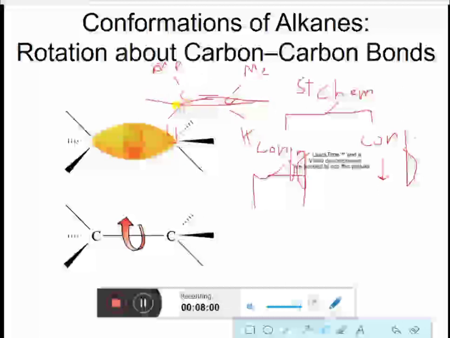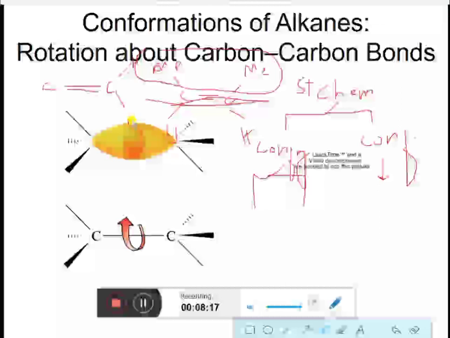If we look at the three-dimensional space, in the case of the trans, we find that the substituents are on distant sides. For instance, with trans we have this kind of situation.